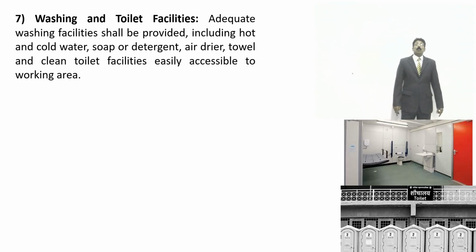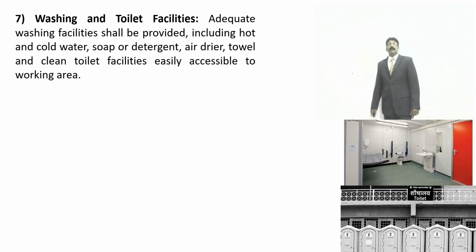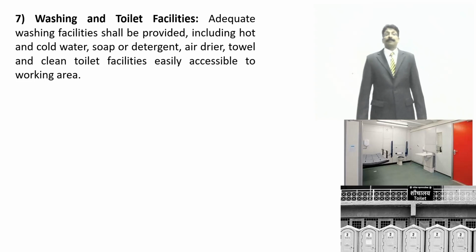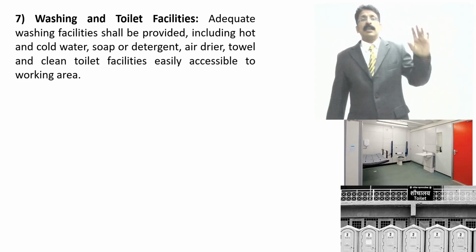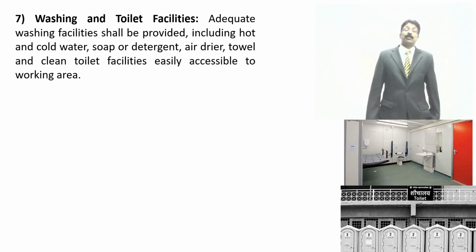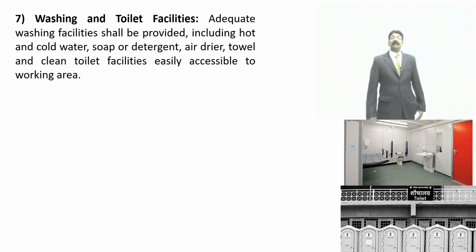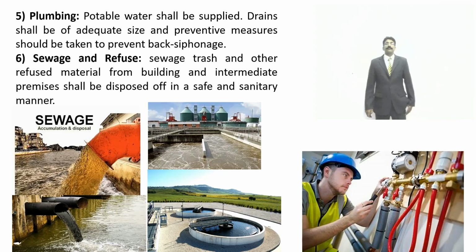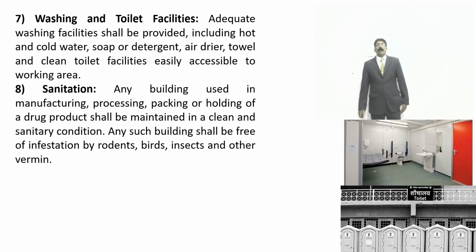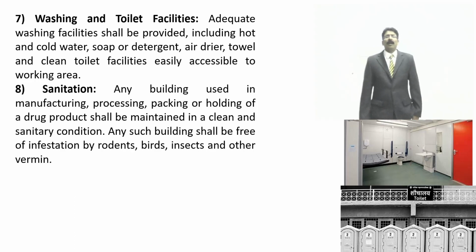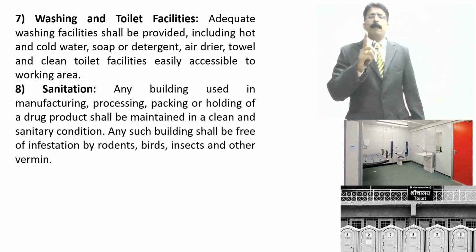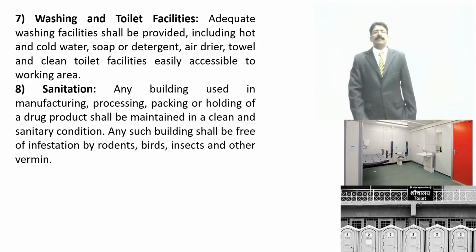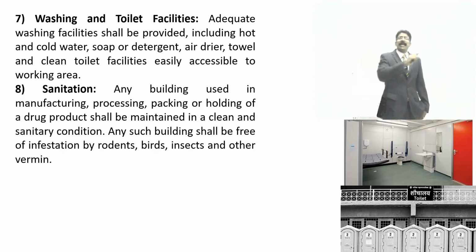Wash facilities shall be provided, including hot and cold water, soap and detergents, air dryer, towels, and clean toilet facilities easily accessible to the working area. So that is very important for anyone to maintain. And sanitation: any building used in the manufacturing process, packing or holding of the drug product shall be maintained in a clean and sanitary condition.